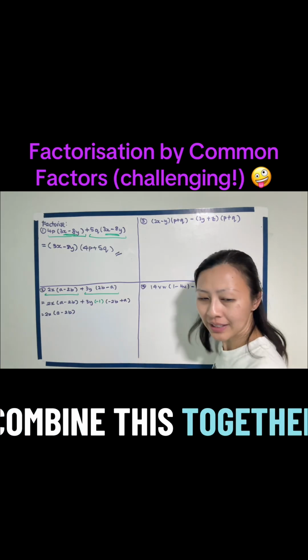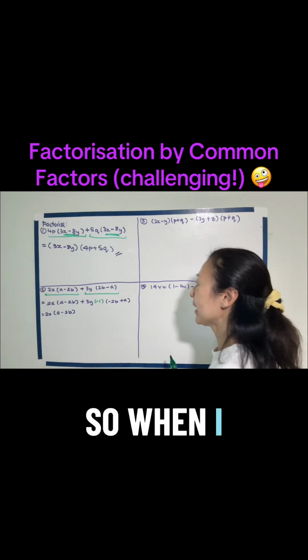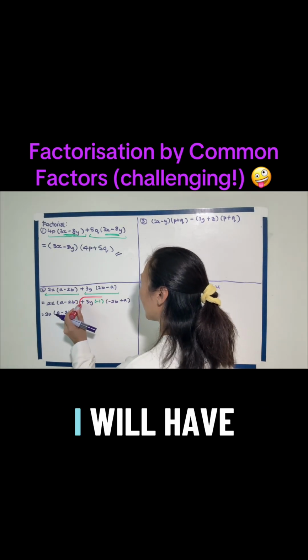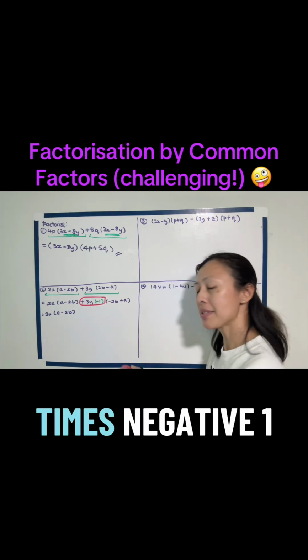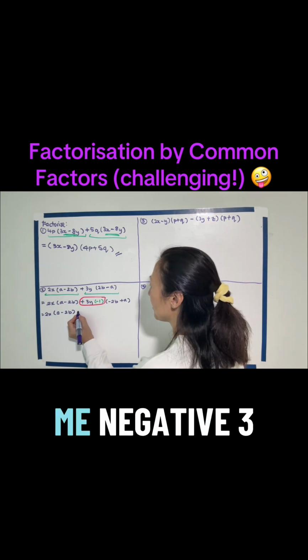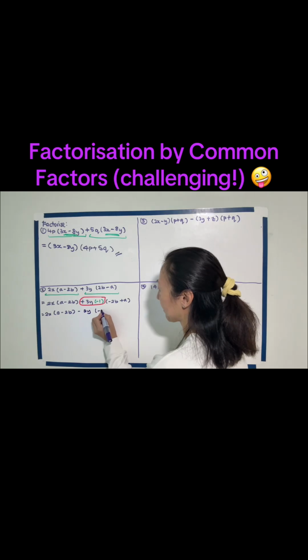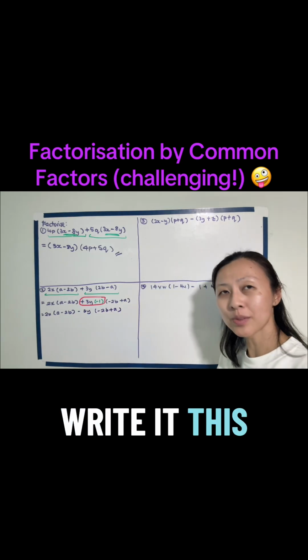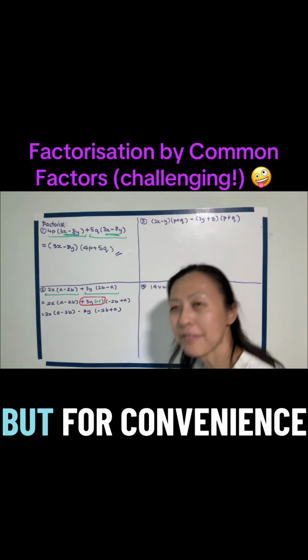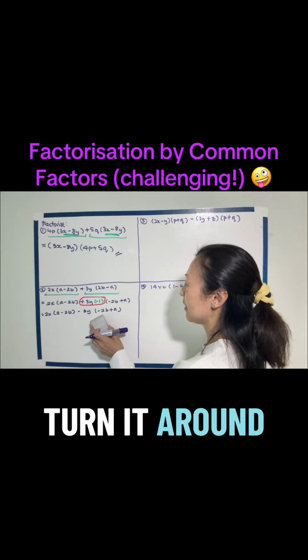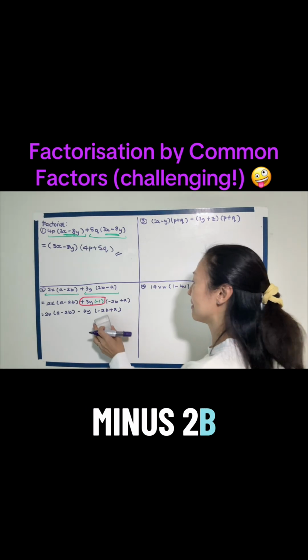I can combine this together. So when I combine this together, I will have positive 3y times negative 1, and that gives me negative 3y. Okay, I could write it this way, but for convenience sake, I'm going to turn it around. I'm going to write it as a minus 2b.